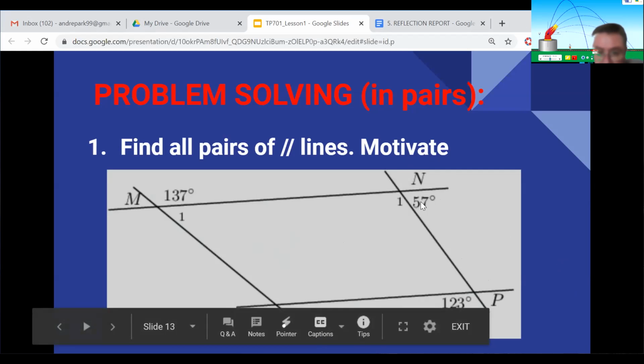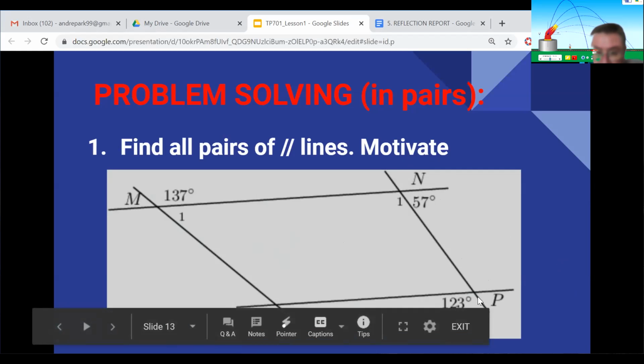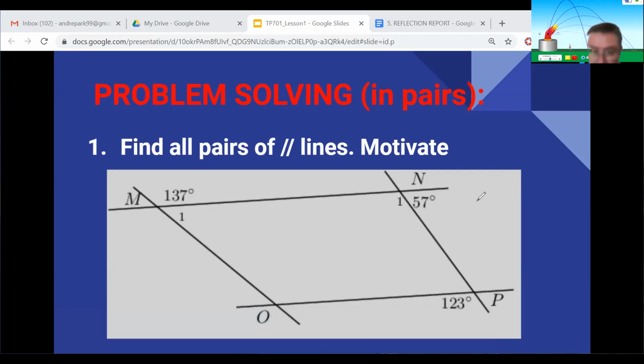If we can prove that this angle is 57 and this angle at P is also 57, then we are in luck. Then it is parallel. I'm just trying to see if I can write with a pen here. Looks like it. So this one's 123.